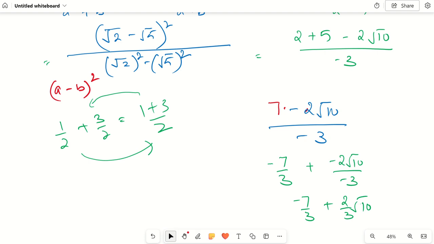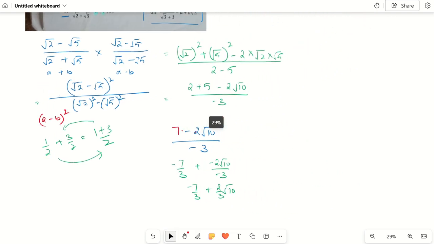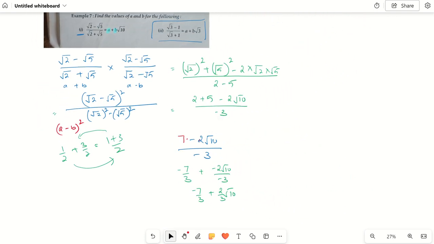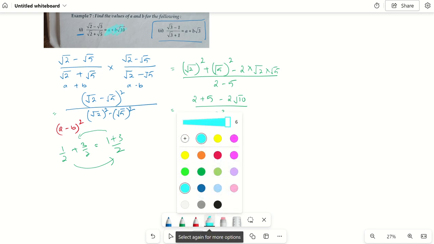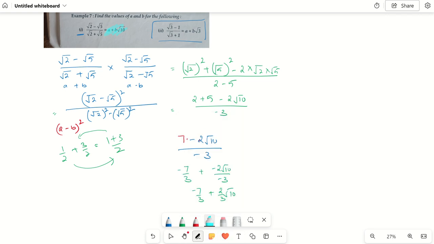Now compare with the original thing. My equation was to find the value of a plus b root 10, and I have to find the value of a and b. Now compare it with this box. Here my constant term is a and here my constant is minus 7 by 3.